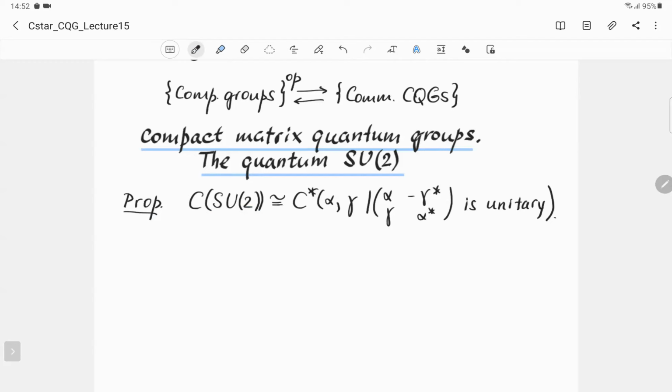So in other words, we can define the algebra of continuous functions on the SU2 group in terms of generators and relations.